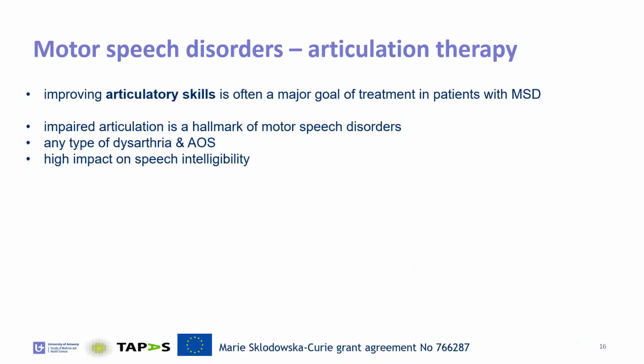Then something completely else. When we move to speech therapy, I would like to spend some attention on articulation therapy, because improving articulatory skills is often the major goal of our treatment. Why is that? That's because impaired articulation is a hallmark of motor speech disorders, and it occurs in every type of motor speech disorder.